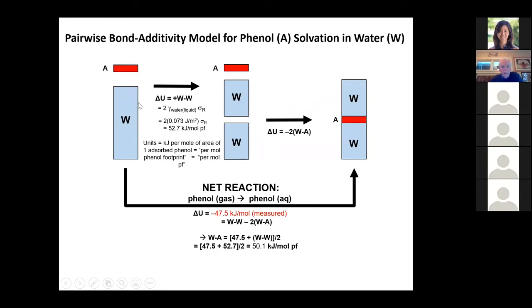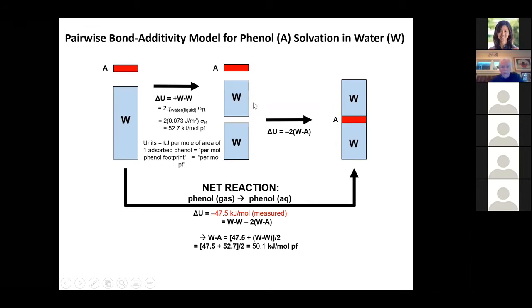Here's your column of water that is infinitely long, if you like. And we're going to stick this phenol into the water, and that's solvation from the gas phase. And what's involved in that, in sort of a bond additivity kind of picture. And we're going to neglect, in doing this, the edge of the phenol molecule or the benzene molecule because it's thin compared to the area here.